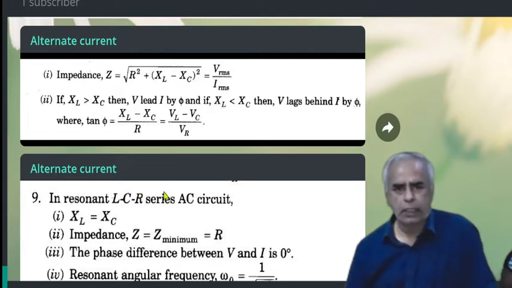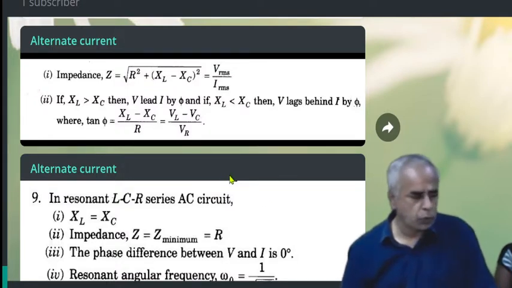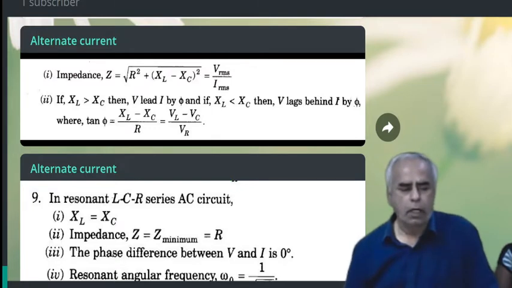Actually, this XL and XC are all equivalent terms to the resistance that you know. We go by VL minus VC divided by VR, and in each case we can introduce Ohm's law. For example, what is VL?